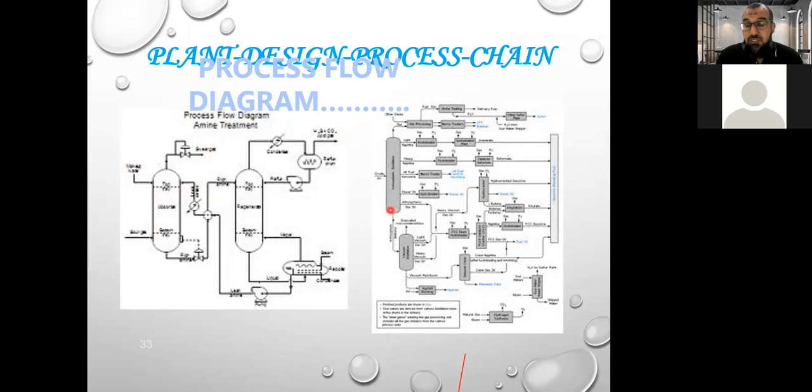This is called the process flow diagram. And it will also explain the flow direction from one equipment, from a pump, to another equipment, for example, a column. So this is flow direction. And they will explain this in the process flow diagram, as in this picture.